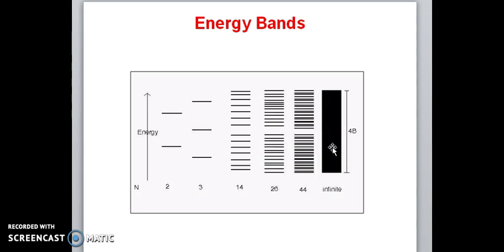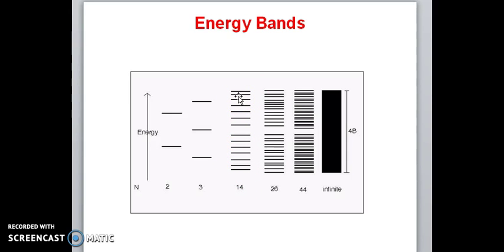Now what happens when you go to nanomaterials or quantum dots? You are somewhere in this region. What you see here is that the electrons are not allowed to go to any band within this. They only have discrete bands.